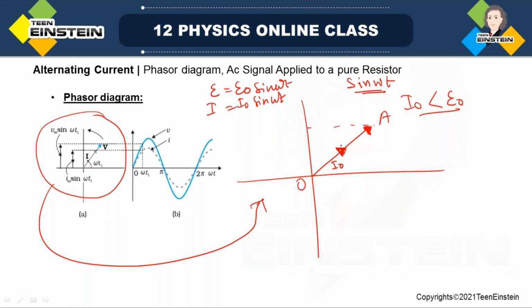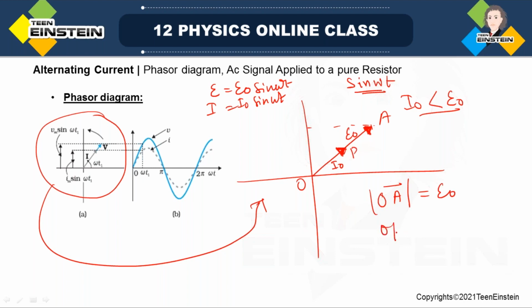The whole length of OA will give you the amplitude of the voltage.